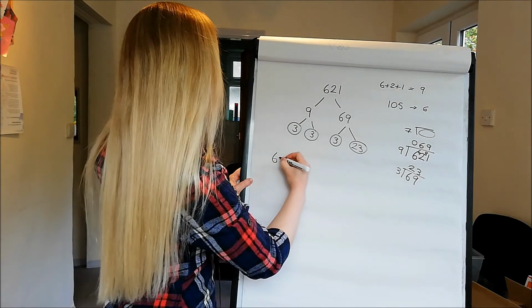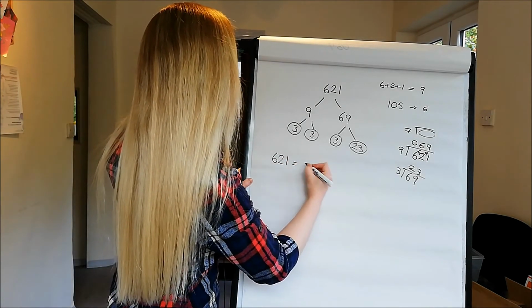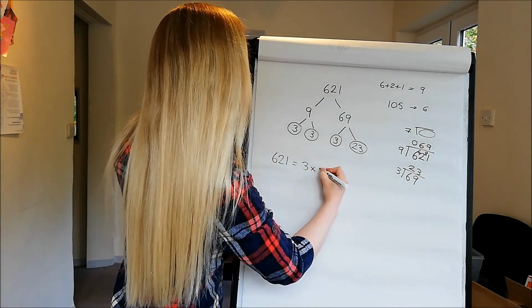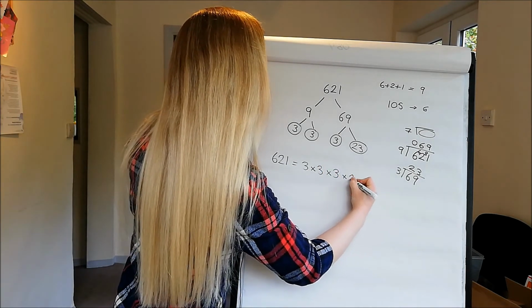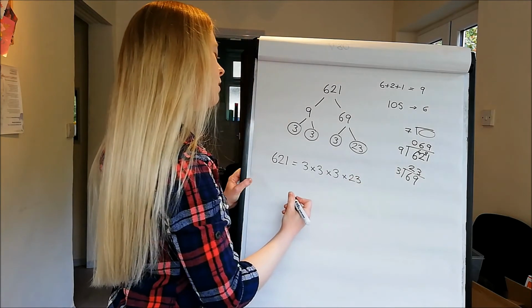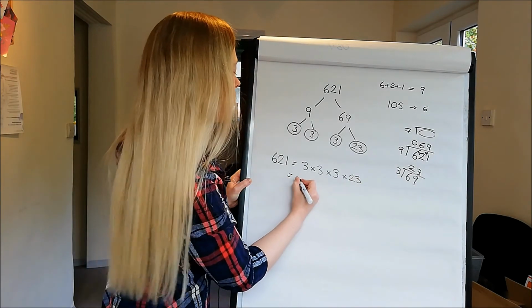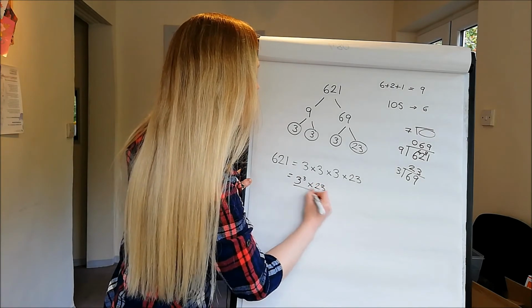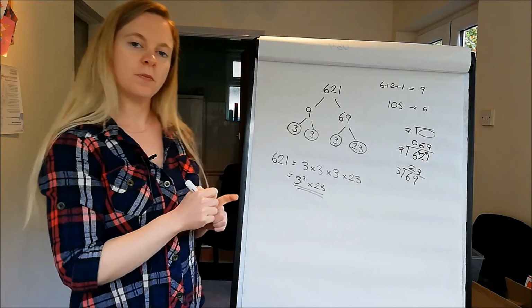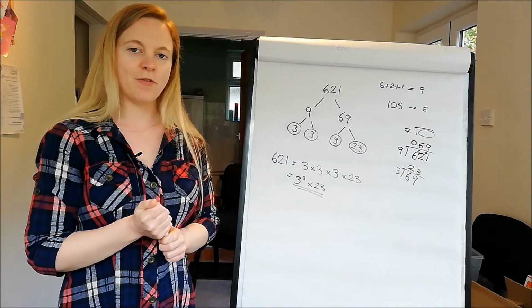So that tells me that 621 equals 3 times 3 times 3 times 23, which equals 3 to the power 3 times 23. Okay, so that's the answer for that one.